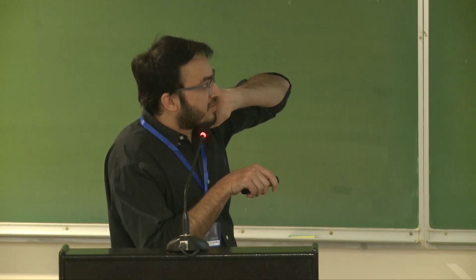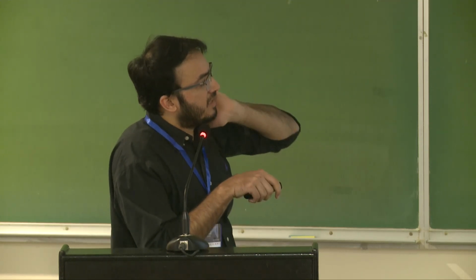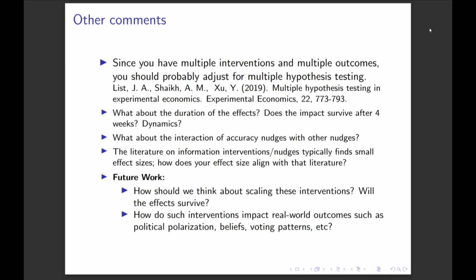I think it might also be interesting to see the interaction, because you have a two-stage design, so you can see the interaction of accuracy nudges with other nudges. Are they reinforcing each other? On average, you're finding that the accuracy nudge has very limited impact, but maybe in combination with other nudges they work better, and that can tell us the optimal sequence of nudges.